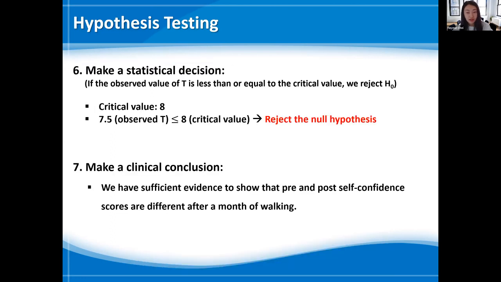We had a test statistic value of 7.5. So 7.5 is below 8, meaning that we can reject the null hypothesis. As a conclusion, we have sufficient evidence to show that pre and post self-confidence scores are different after a month of walking.